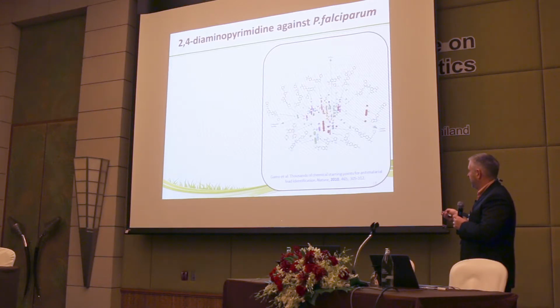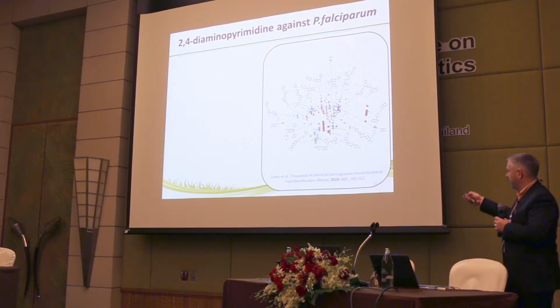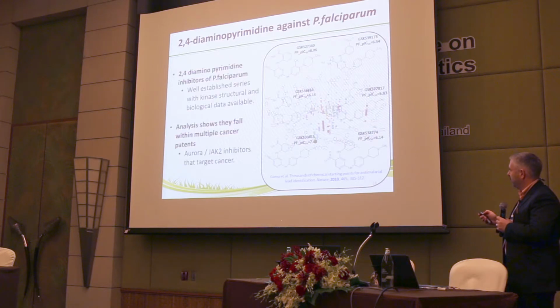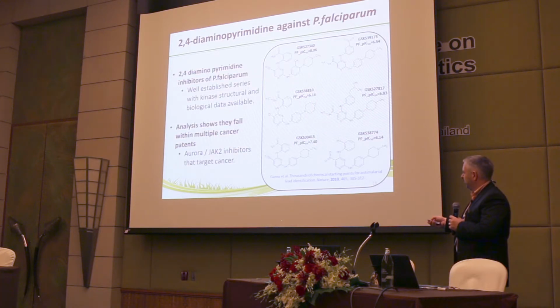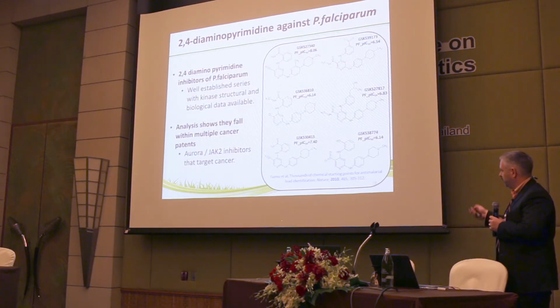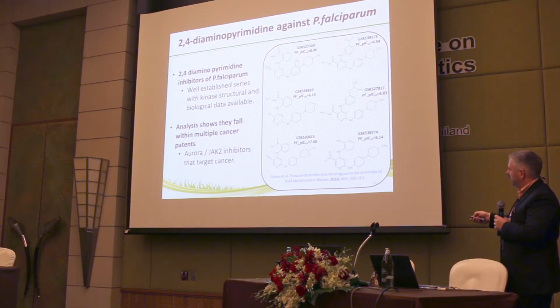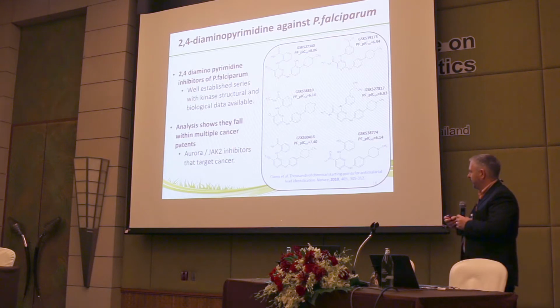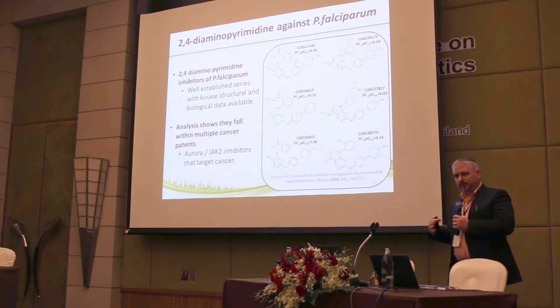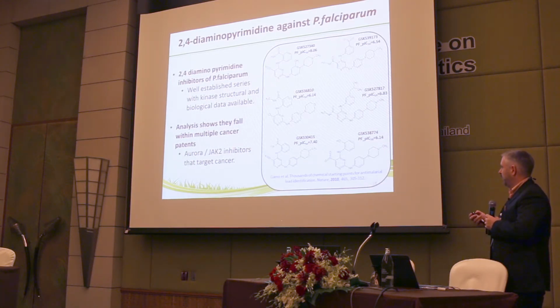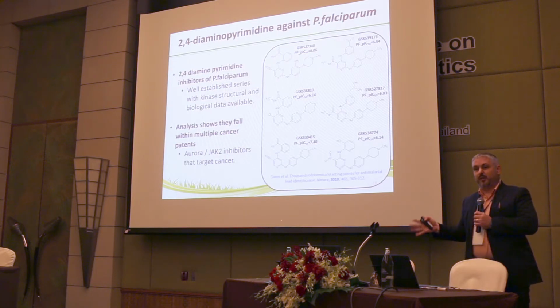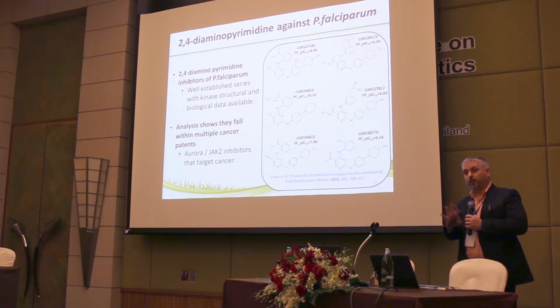So the GSK paper of Gamo in 2010, they reported a number of different inhibitors, and we had a look through the data and saw these inhibitors. So they're like Aurora, JAK2 inhibitors based on analysis of the patent literature. And these have also been very similar to what the Derbyshire paper showed, Aurora, JAK tyrosine type kinase inhibition.